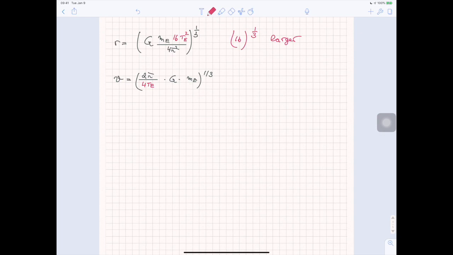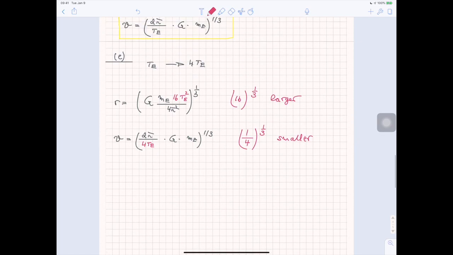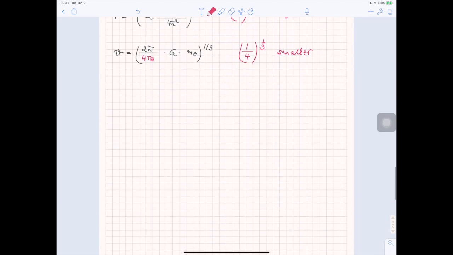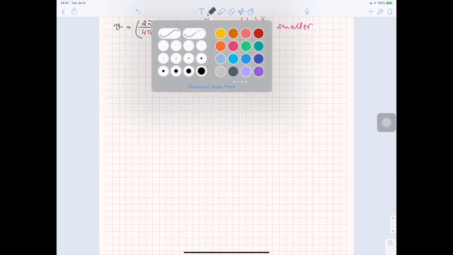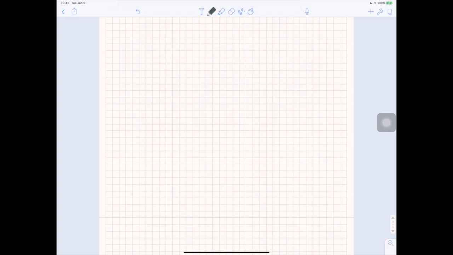So the velocity would be smaller by a factor 1 divided by 4 to the power of 1/3.